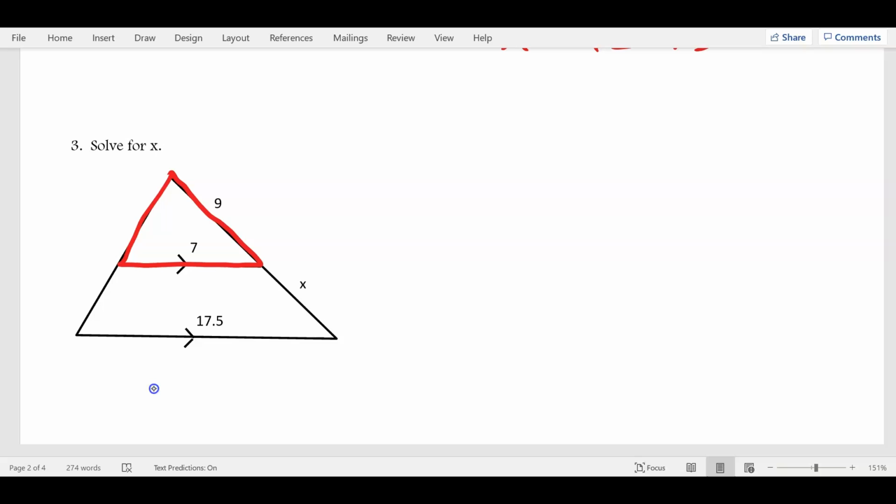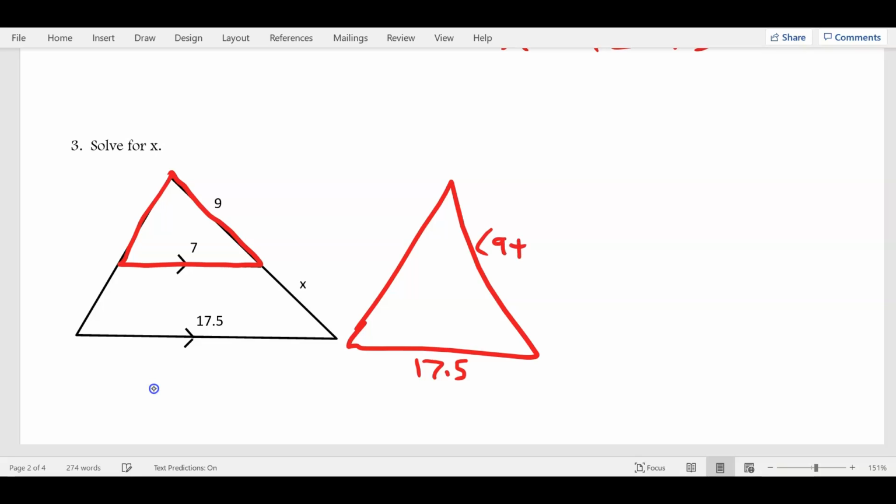I'd like to redraw the big one off to the side. Now the bottom we know is 17.5. That doesn't change. The right-hand side, the 9 and the x, is going to be 9 plus x. Cool? Okay, now let's do what we just did on the last triangles, and let's connect corresponding sides.